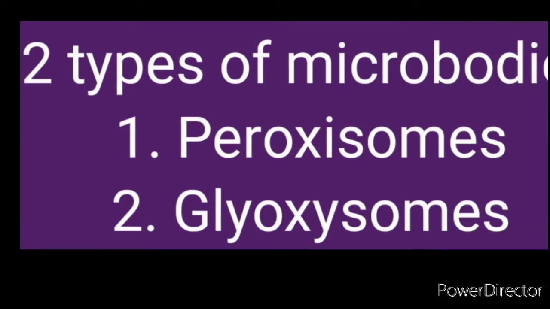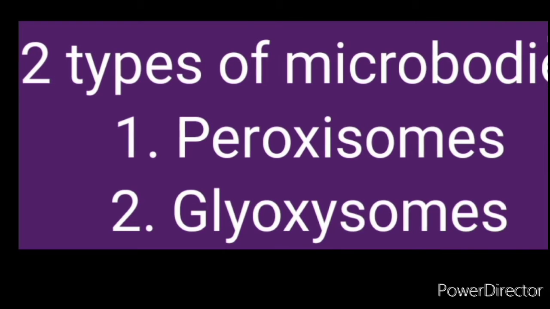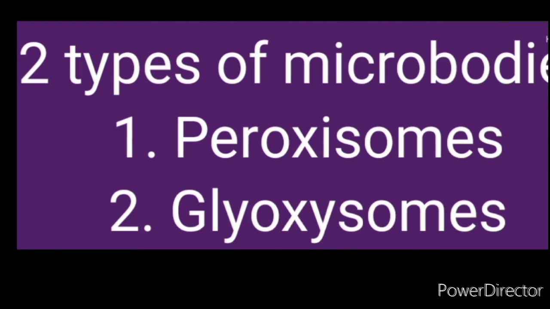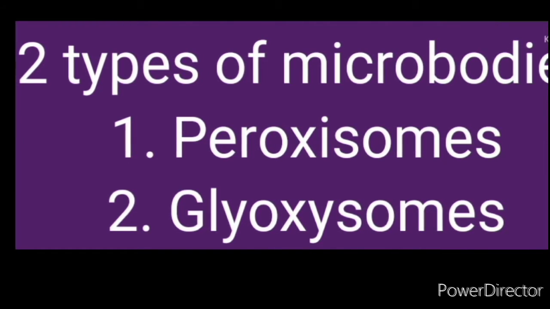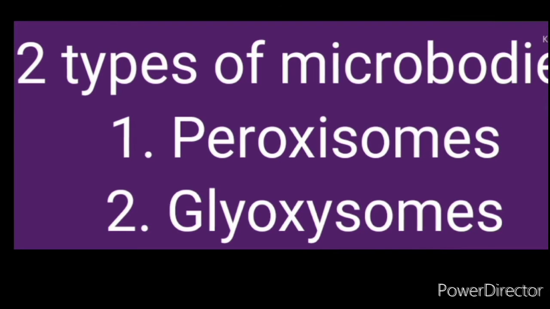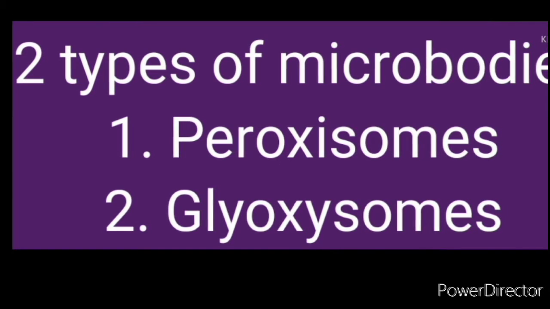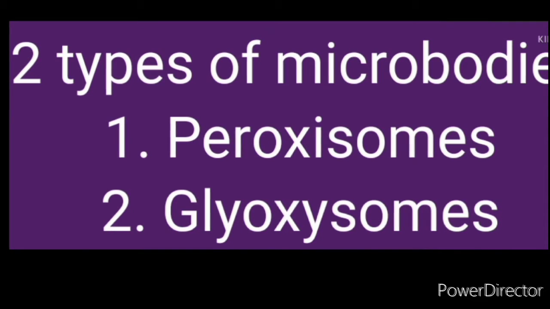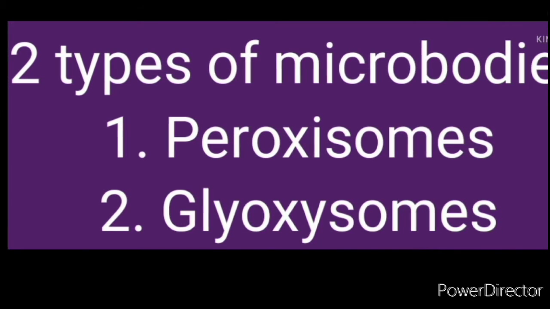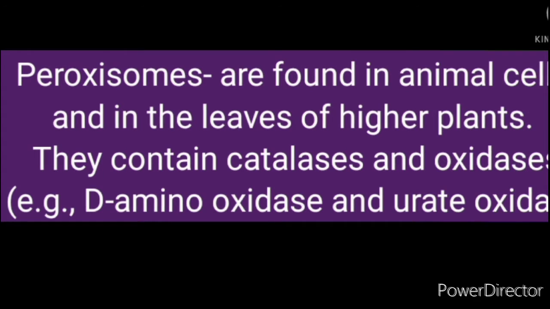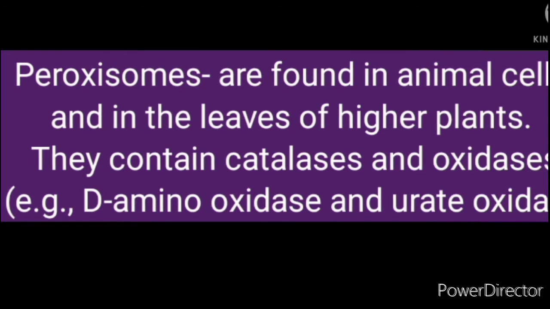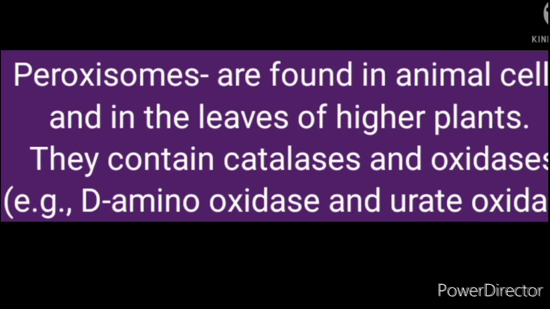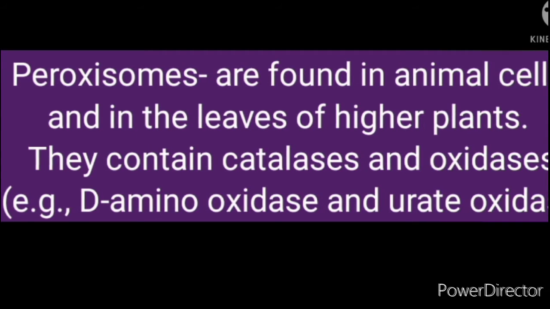Biochemical studies have distinguished two types of microbodies, which are peroxisomes and glyoxysomes. The two organelles differ both in their enzyme complement and in the type of tissue in which they are found. The peroxisomes are found in animal cells and the leaves of higher plants.